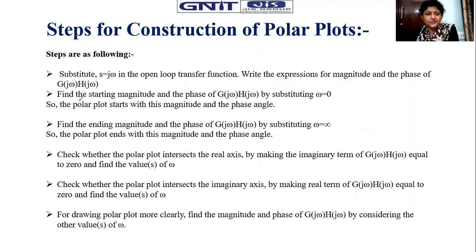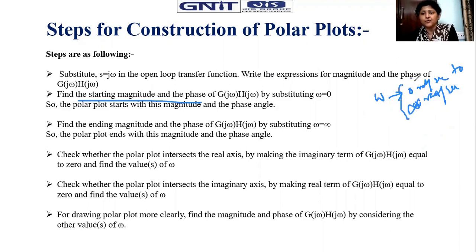So find the starting magnitude, because omega should vary from 0 rad per second to infinite rad per second. We are considering all the positive values of omega, so we are considering the magnitude and phase of the phasor over the whole positive range.